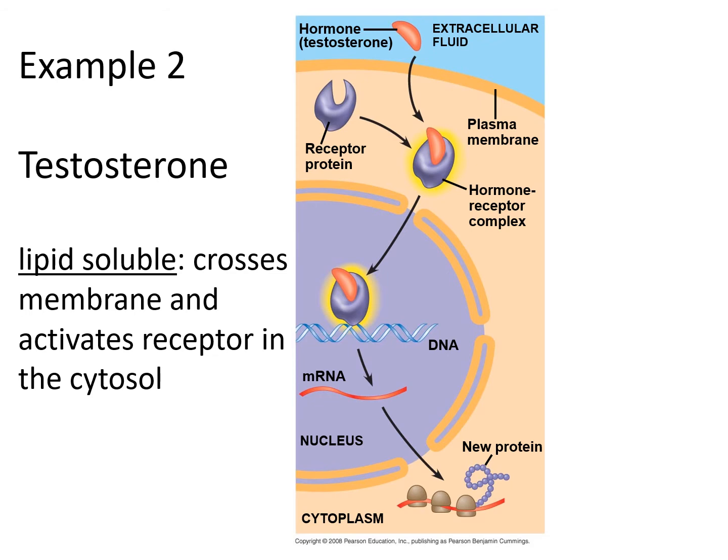Whereas the one we were looking at before, insulin, had its major effect on enzymes and other molecules within the cytosol. Now, some of them did eventually get around to having an effect on the nucleus, but for lipid-soluble hormones, usually the receptor goes straight to the nucleus and brings about a change by modifying what's going to be transcribed.